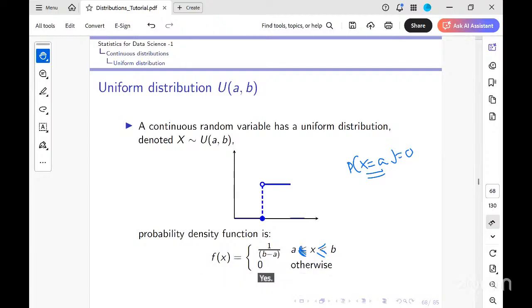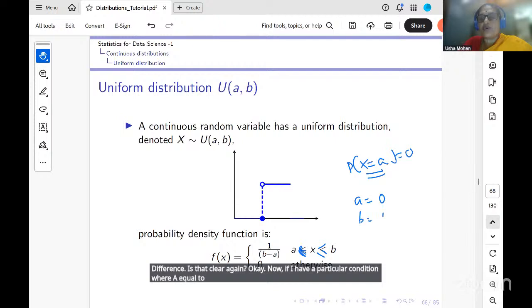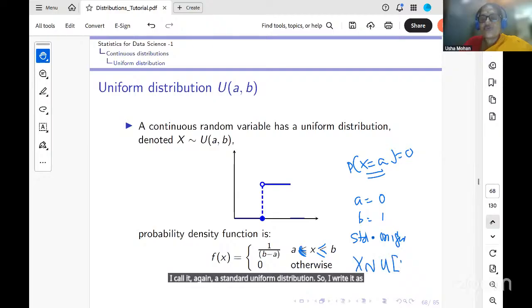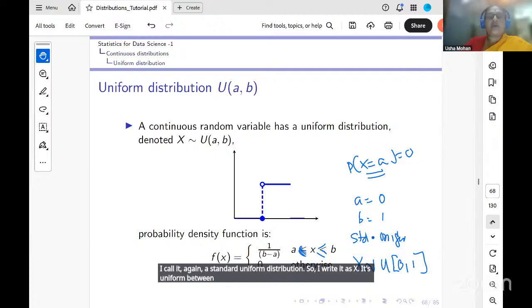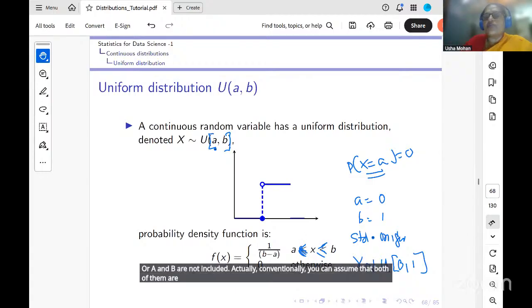Now, I have a particular condition where A equal to 0 and B equal to 1, I call it again a standard uniform distribution. So I write it as X is uniform between 0 and 1. Again, I want to make the distinction that whether A and B are included or not, conventionally you can assume that both of them are included because the probability X takes a particular value for a continuous random variable is 0.